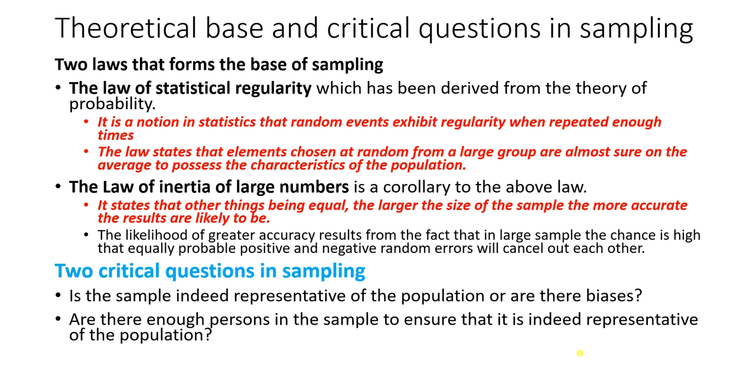So we have to take care while doing sampling of the two aspects presented in the form of two critical questions. The first is that as far as possible, the sample should be representative, and as far as possible, we should go for a larger sample size. And as the sample size will be larger, it is very likely to be representative and more accurate.